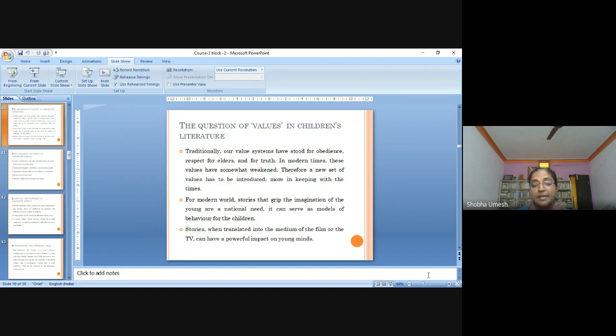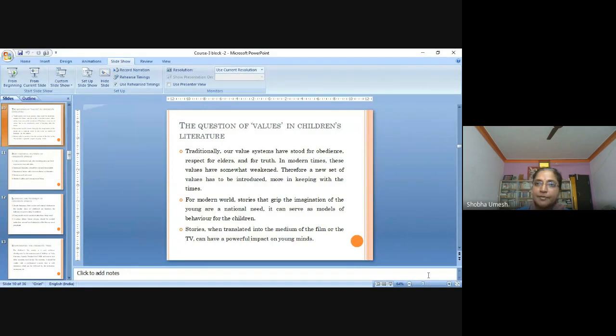But it has to be strengthened by imparting these values through stories. Therefore, we have to introduce a new set of values in a new way, because we have to move with the pace of the time.